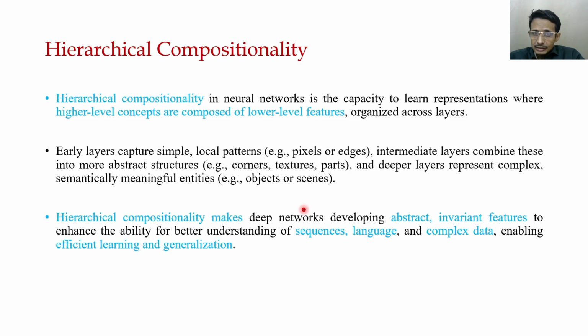So this kind of understanding is very easily done by deep learning because of this hierarchical composition. So invariant features enhance the ability to better understand sequences, language, complex data like very complicated images, enabling efficient learning and generalization. Okay, so that covers hierarchical composition.